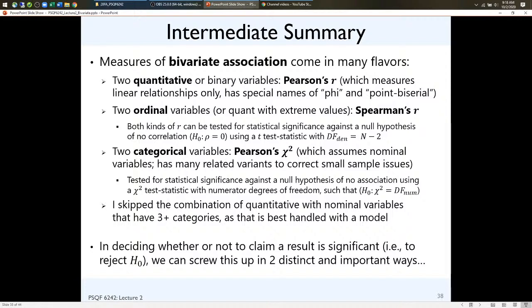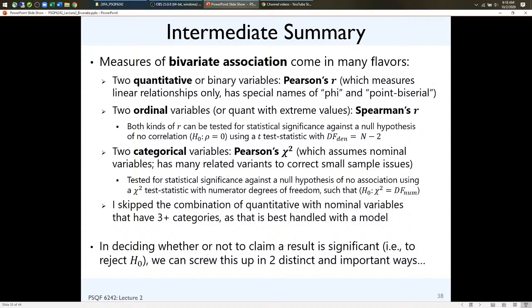And I note that there are special names for Pearson correlation here if you have a mix of binary variables. Two binary variables is called a phi correlation, and a binary with a quantitative is called a point biserial, but they are mathematically equivalent to Pearson. They just have formulaic shortcuts that are available when you have one of the variables as binary.